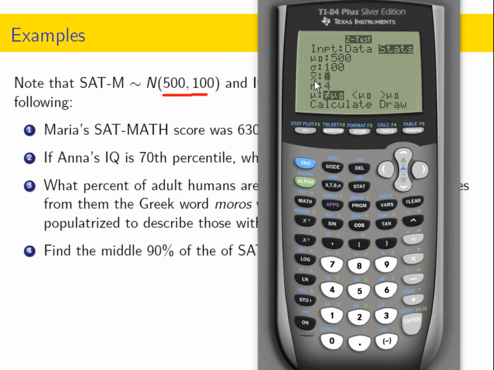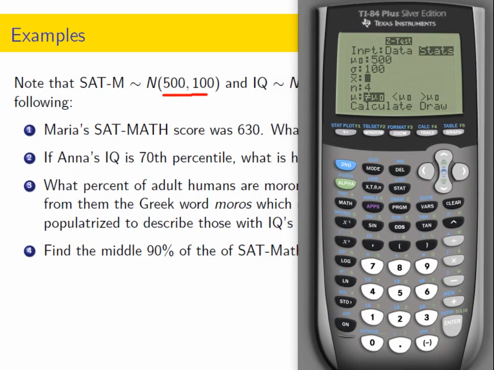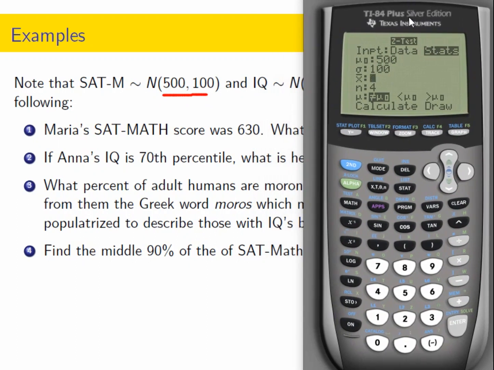Now, x bar. Well, x bar means the sample average, right? But for x bar, we're just going to use 630. Okay, and what's the trick? Here's the trick. I have a one-person group.